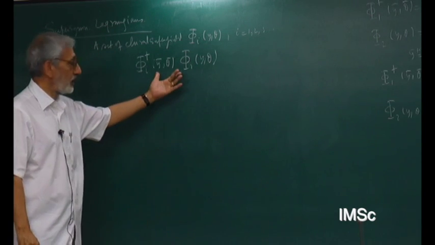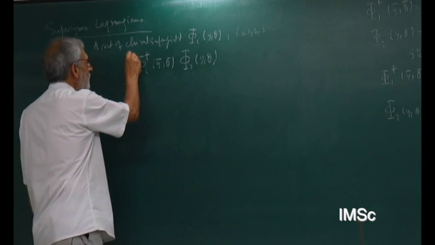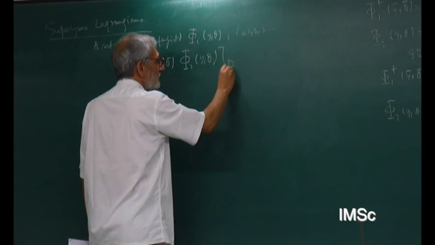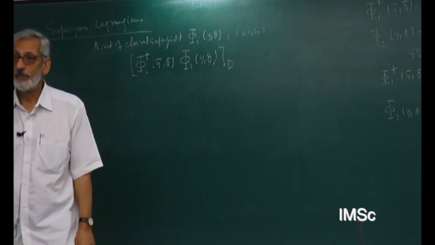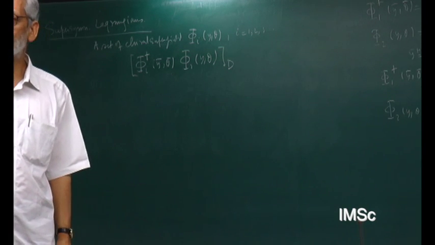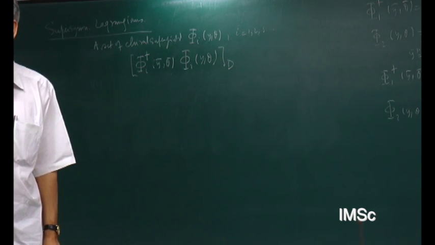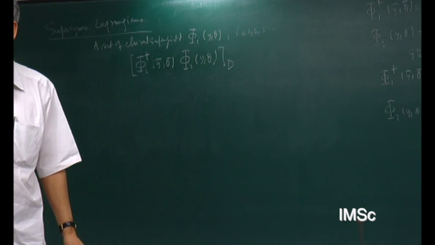Now this is not a chiral superfield, but if I take the D term of this object, that will be a real Lagrangian and will also transform under supersymmetric transformation as a total derivative. Done?